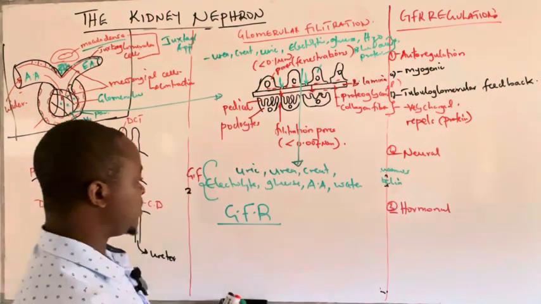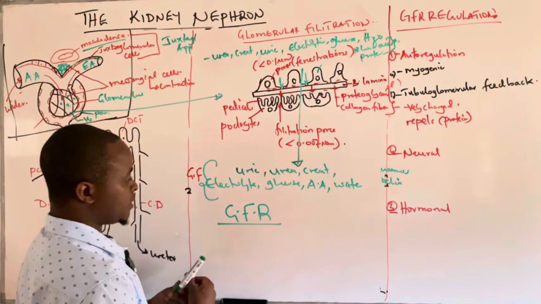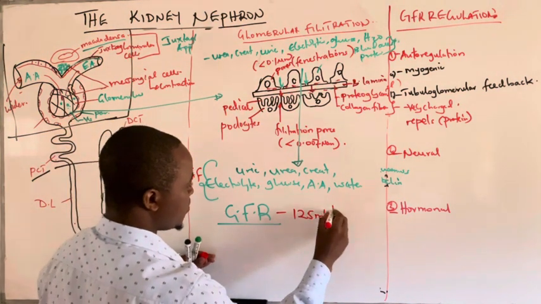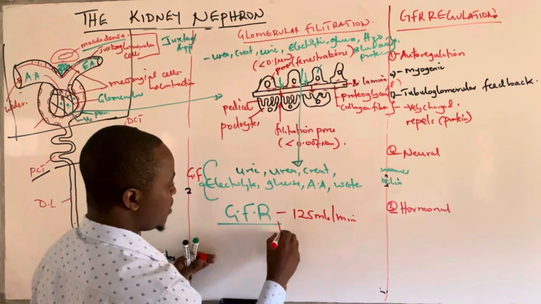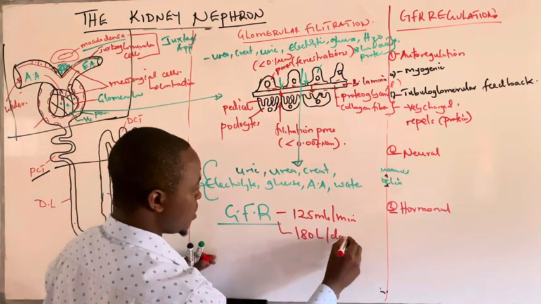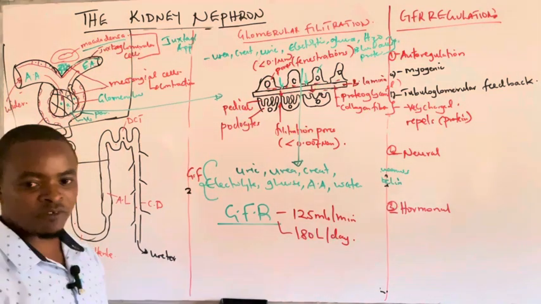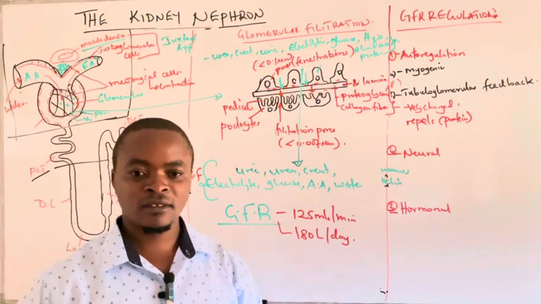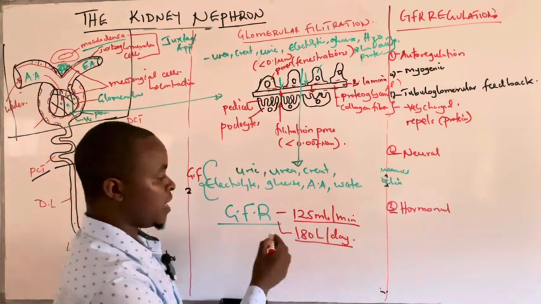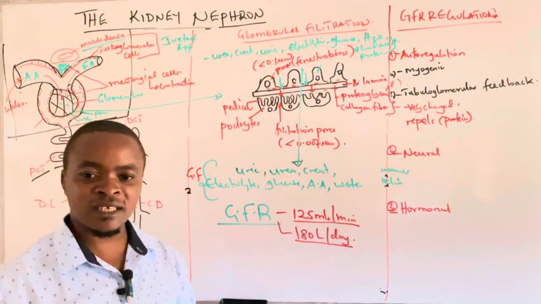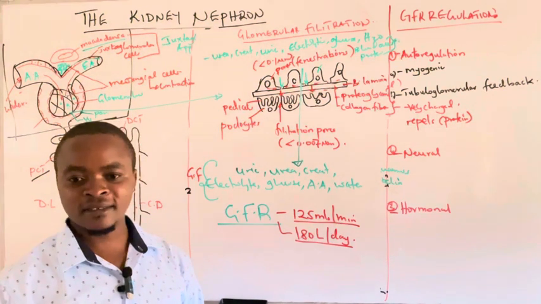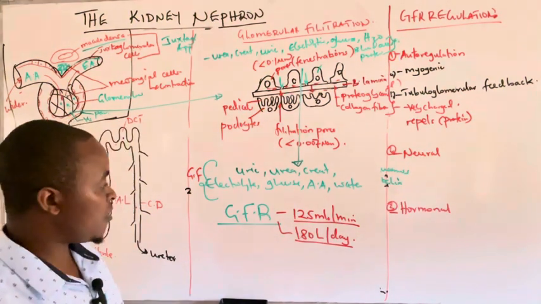If it is in a minute, GFR is 125 mils per minute. Then it can also be 180 liters per day. That is the glomerular filtration rate. So we see our kidneys in a day, they filter 180 liters of blood every day. That is how great they are.